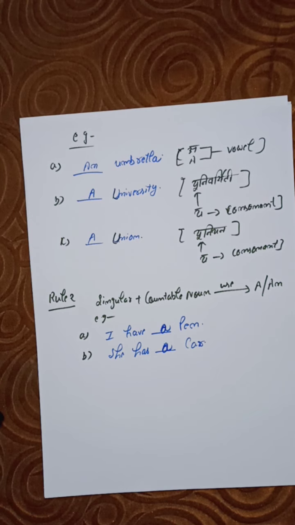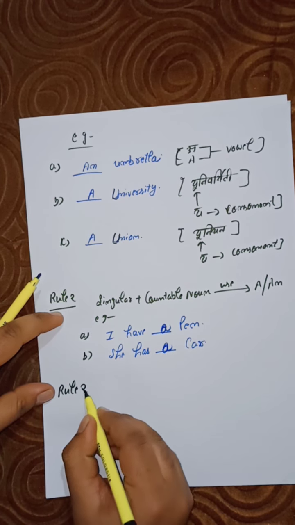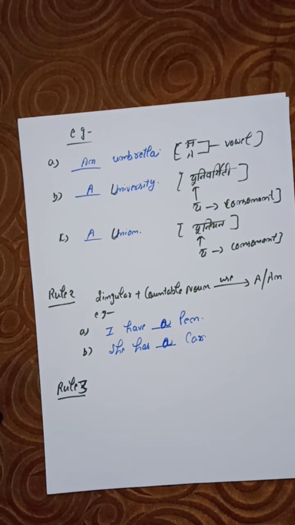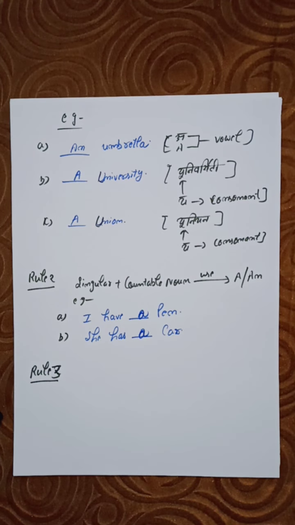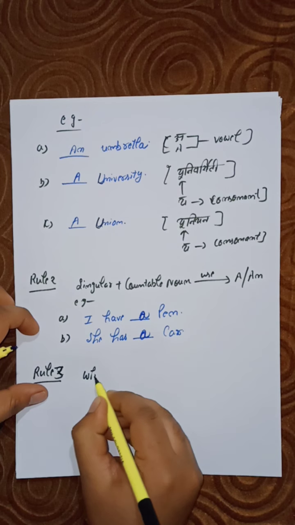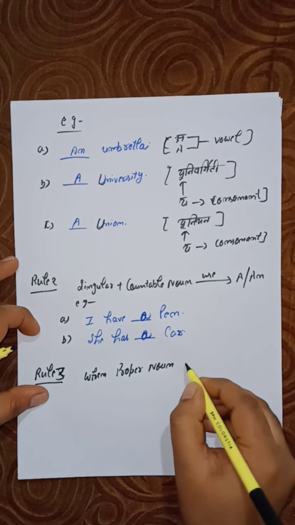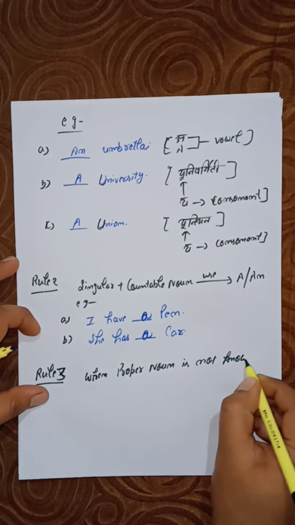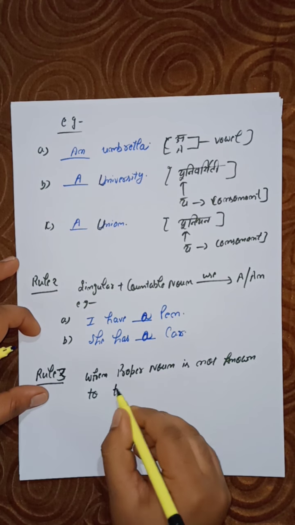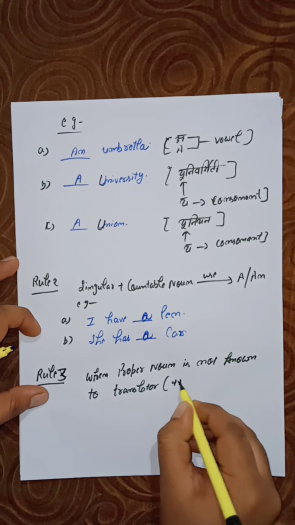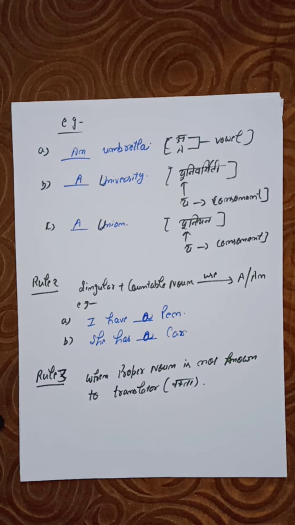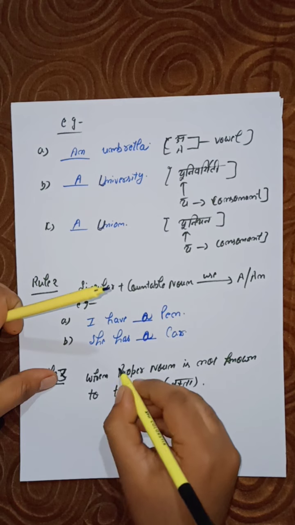Rule number three says that we cannot use a and an before a proper noun, but we can use it when the proper noun is not known to the speaker, meaning he just knows the name and nothing else about that noun.